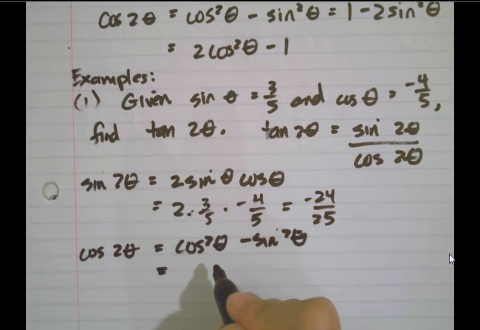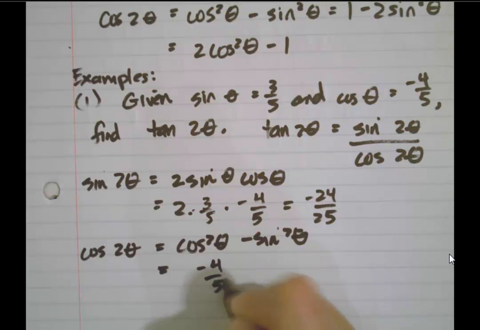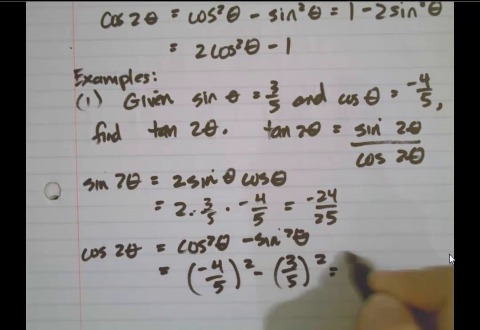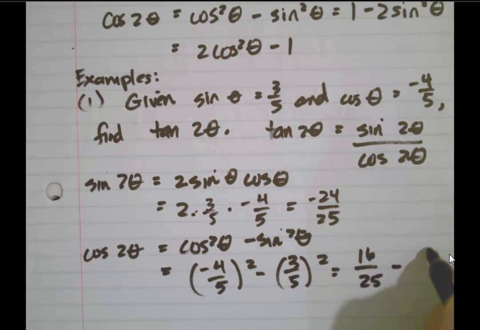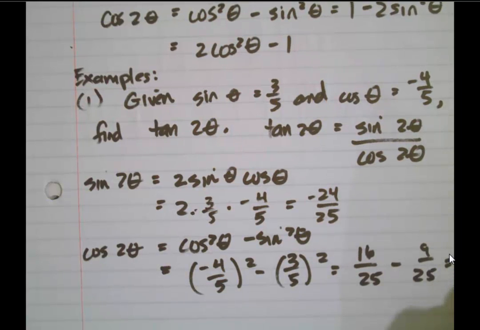Cosine square theta means that we're going to square cosine theta, which is -4/5. And then we're going to square sine theta, which is 3/5. And then if you simplify, you get 16/25 minus 9 over 25. And that's equal to 7 over 25.